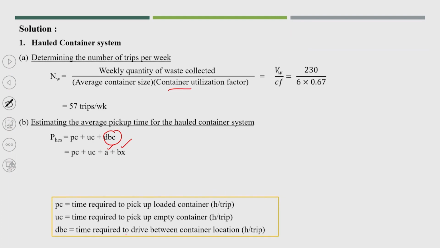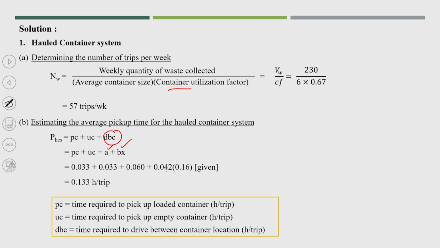So that will be PC plus UC, and in the DBC case, A plus Bx. Here A and B are the DBC constants, and x is the 0.16 kilometer that is given.